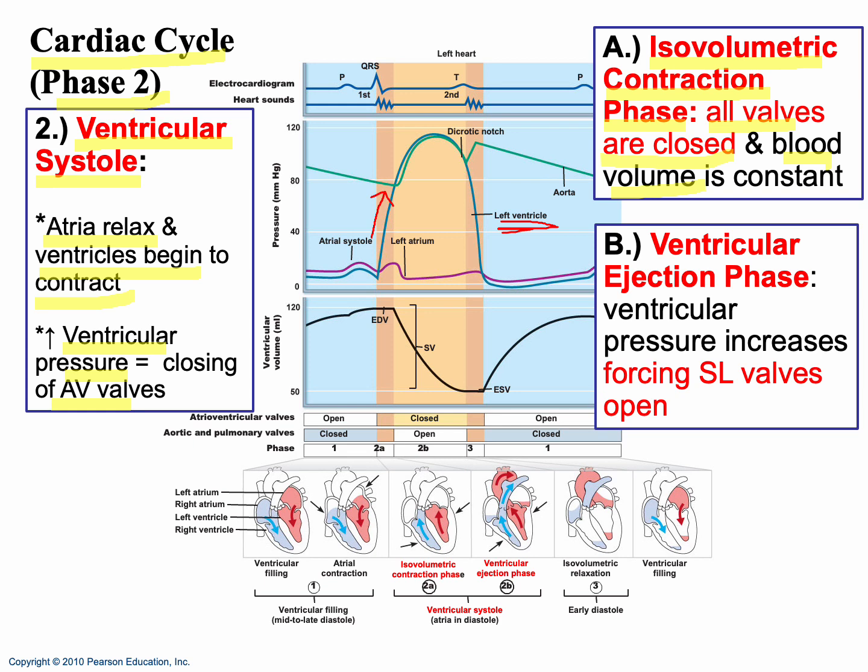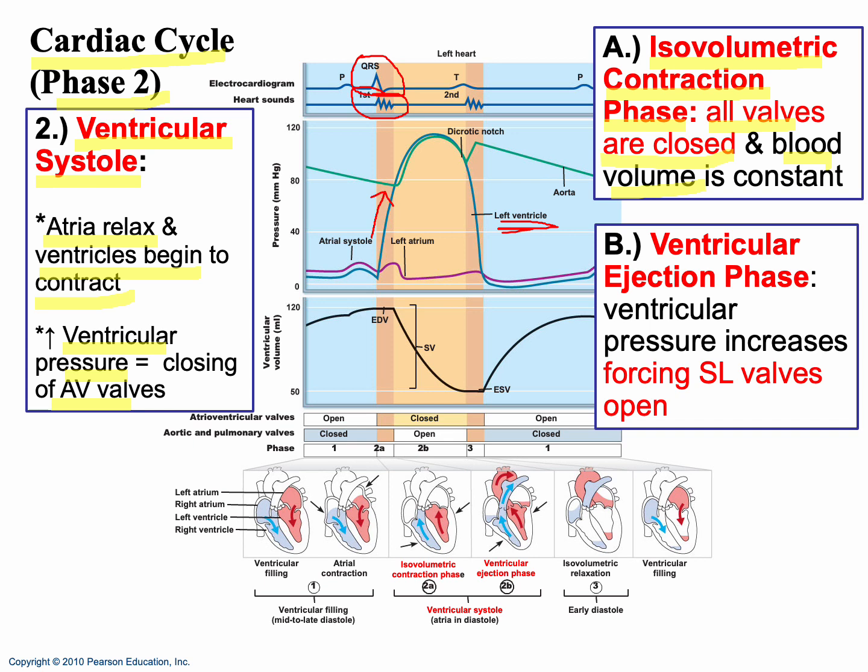And valves are all closed here, so here is S1, AV valves closed, QRS complex reflecting the effect that the ventricles contract. So pressure is going ahead, building.